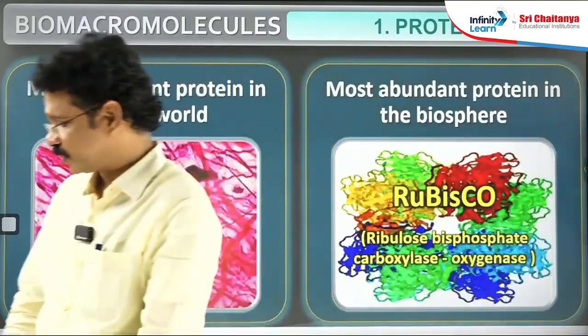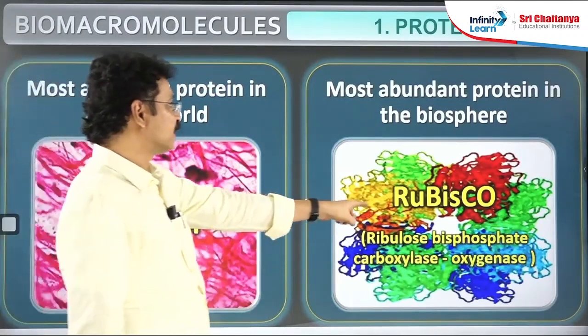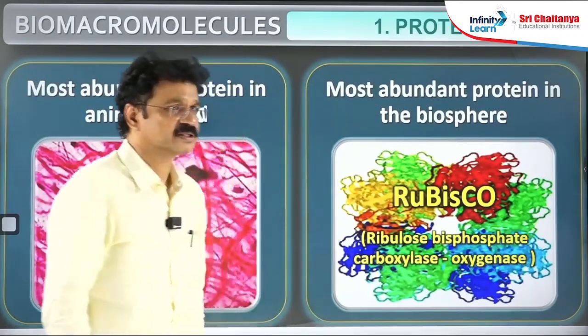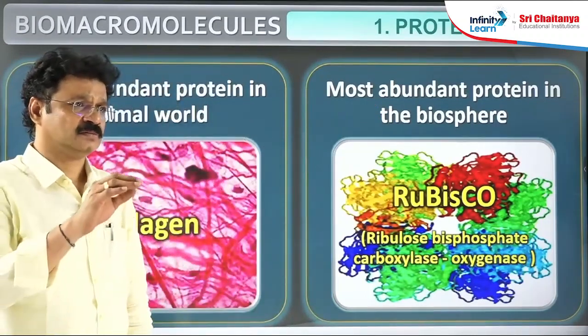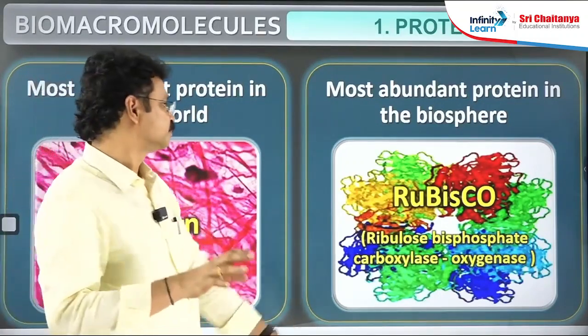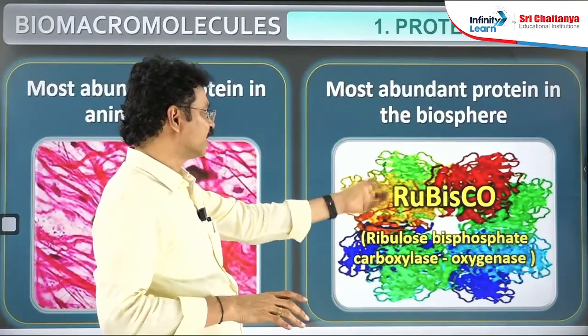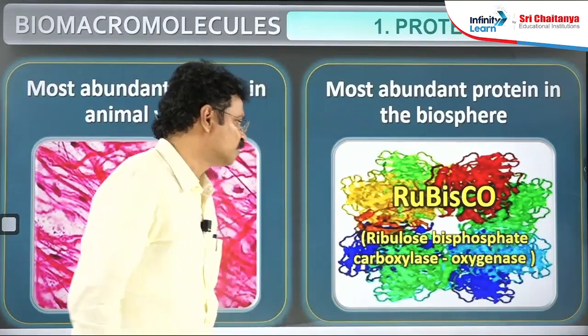Next, another very, very important one. In the entire biosphere, rubisco is the most abundant protein in this entire universe, including the animal kingdom and plant kingdom. The largest or most abundant protein, the highest quantity of protein, is rubisco.